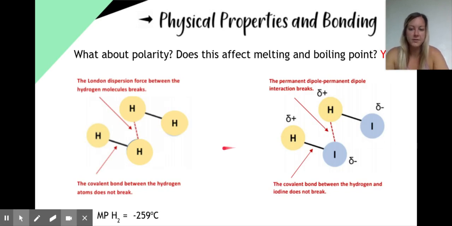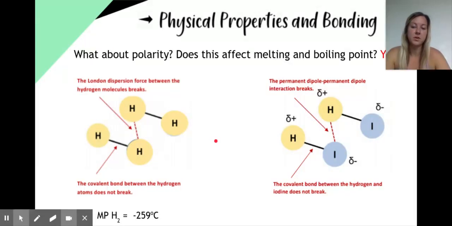On the left, we have a nonpolar molecule, so the only intermolecular force between these molecules is going to be London dispersion forces. Why? Because nonpolar molecules don't have dipoles, so they don't have slightly positive, slightly negative parts. The only intermolecular force between nonpolar molecules is London dispersion forces.